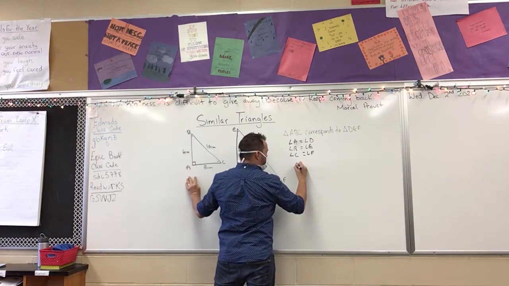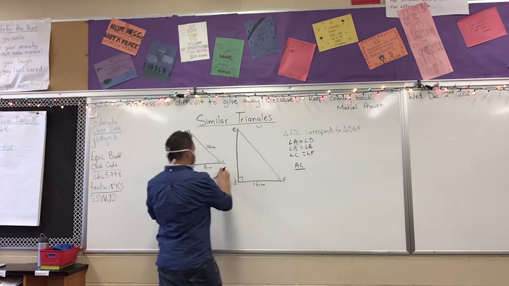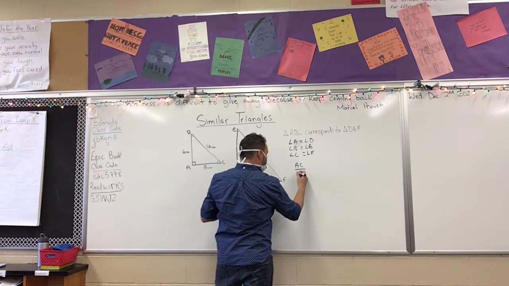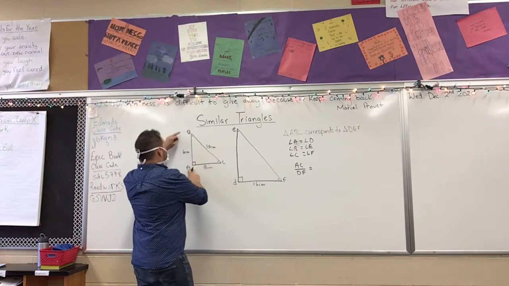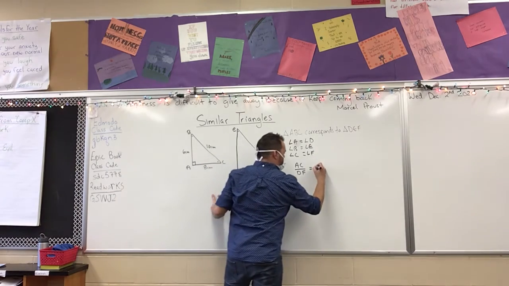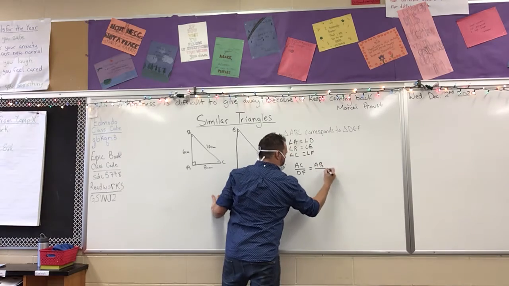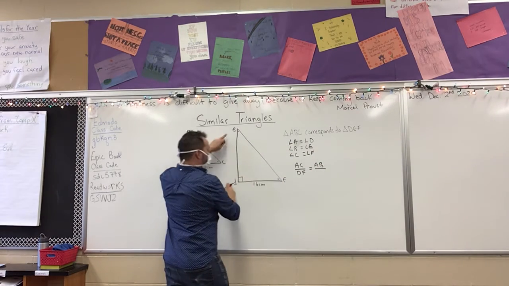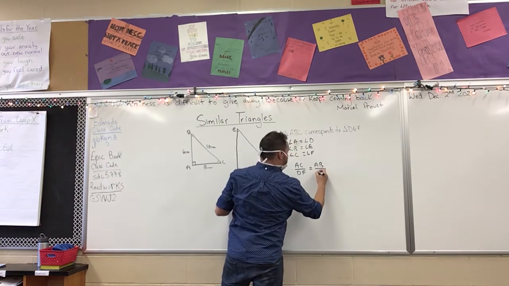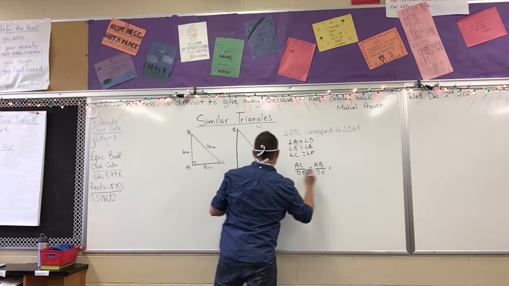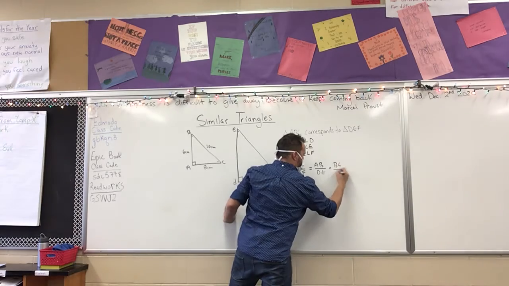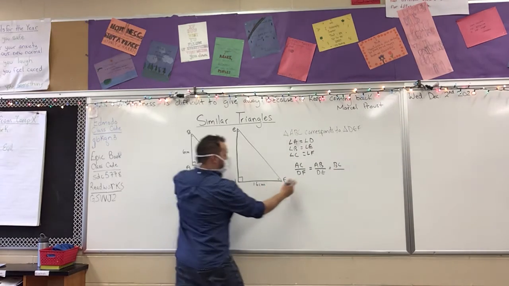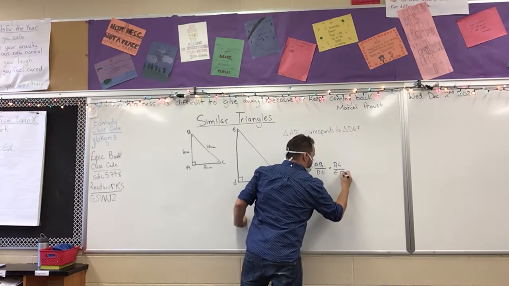Line segment AC corresponds to line segment DF. Line segment AB corresponds to line segment DE. And line segment BC corresponds to line segment EF.